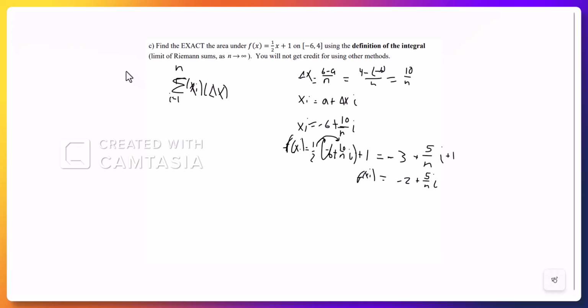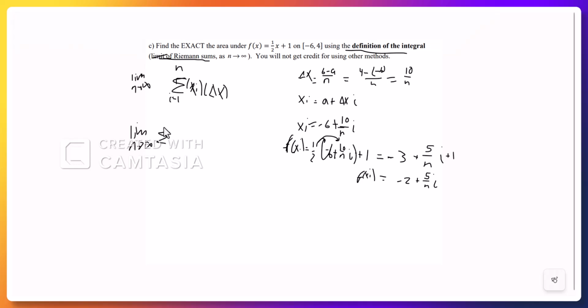And I actually forgot to add the limit as n approaches infinity. This is just the definition of the integral, and it basically says that the limit of the sums as n approaches infinity. So after we plug that in, we're going to plug it in for our final definition of the integral.